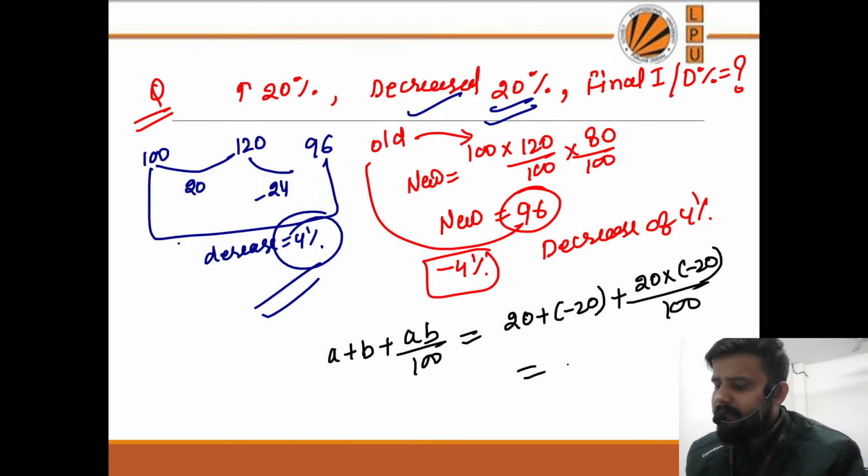So these get cancelled, and this is 0 0 get cancelled, so it is minus 4. This minus indicates decrease, and 4% is the amount of decrease percentage.